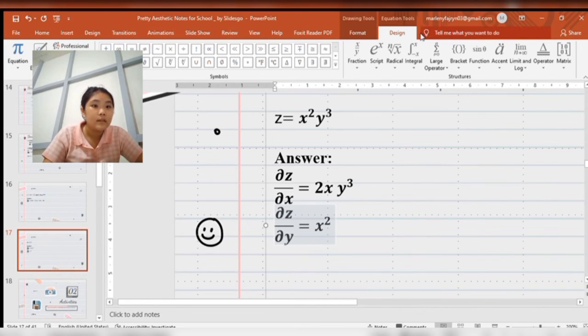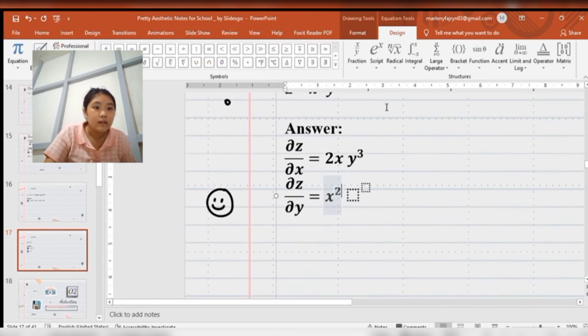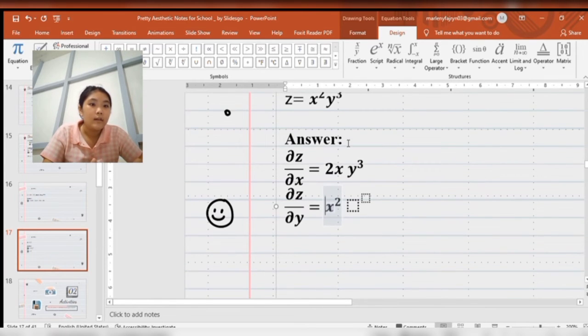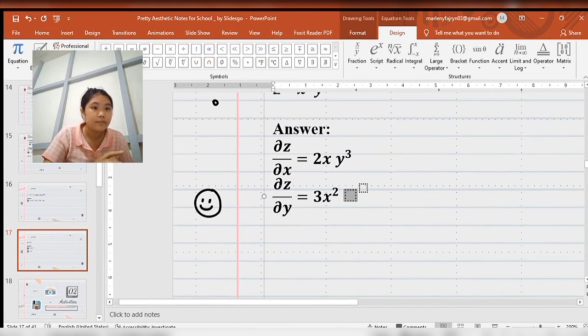and then the power in y is 3, right? It's 3. We type 3 in here, and then y, and 3 minus 1 is 2.